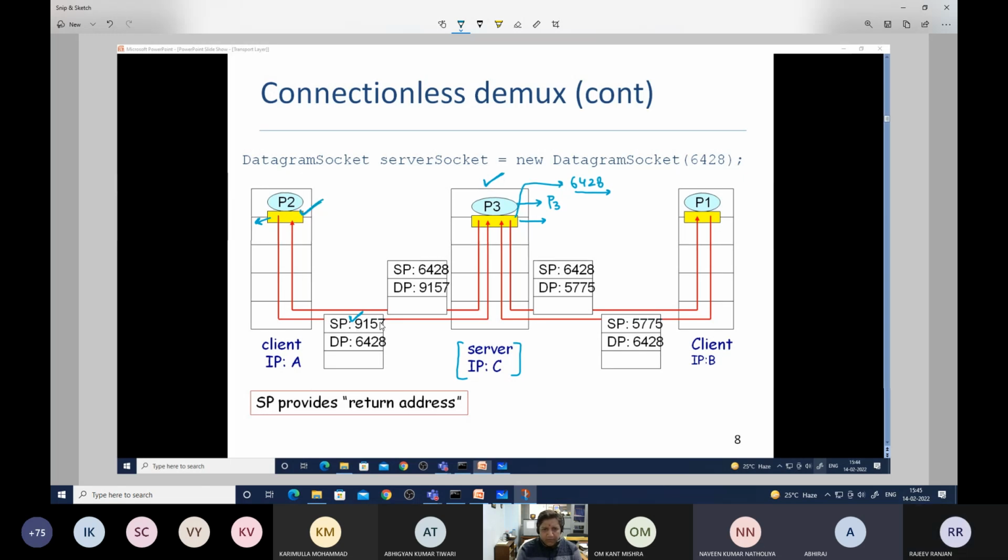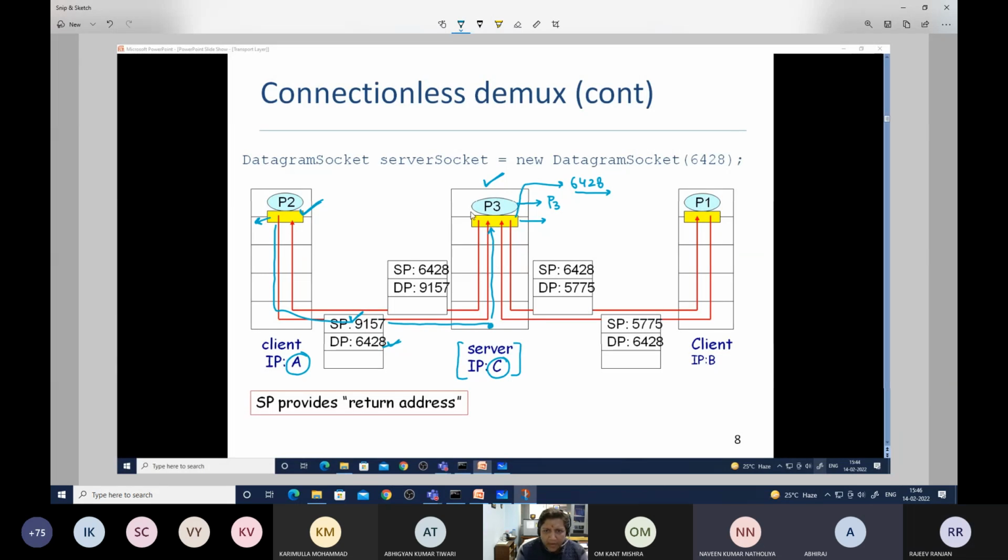Source port is 9157, destination port would be 6428, source IP would be A, and destination IP would be C. Now this particular packet will come to the machine using the destination IP address C. The packet will be accepted, and using the destination port, the packet will be redirected to this socket 6428.